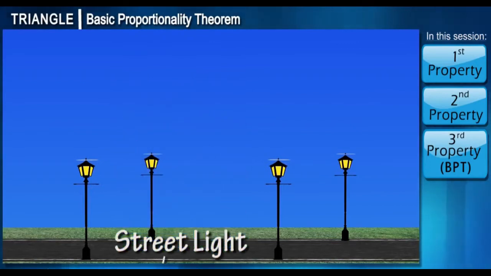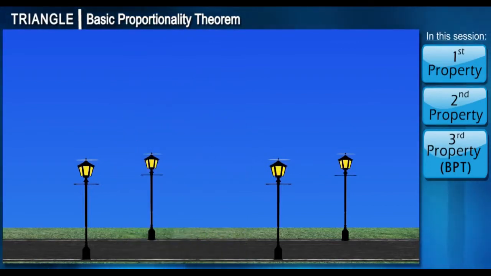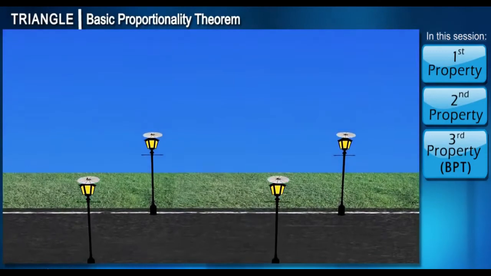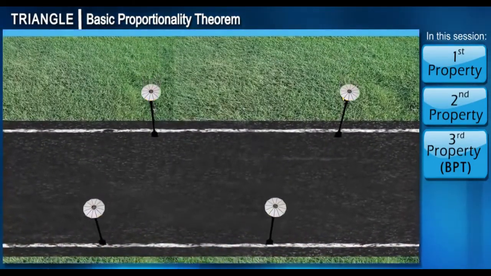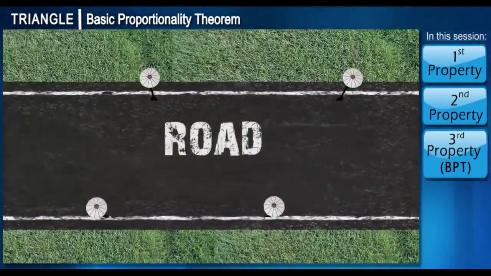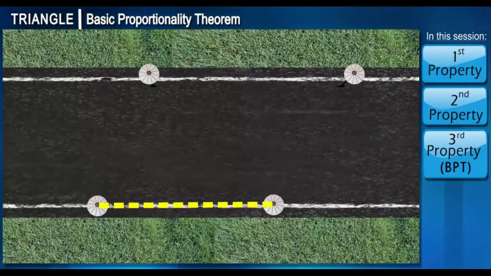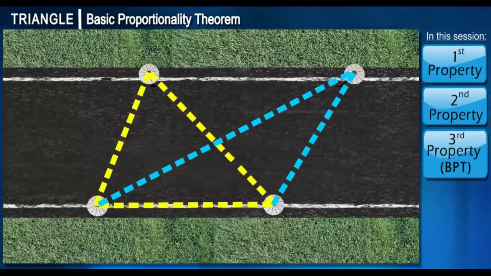Now let's start. Consider four poles on the opposite sides of the road, and let's draw two triangles by joining the height of the poles. By looking at both the triangles, can you tell me what is common in both?